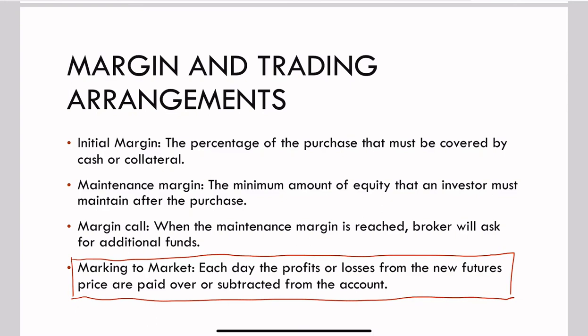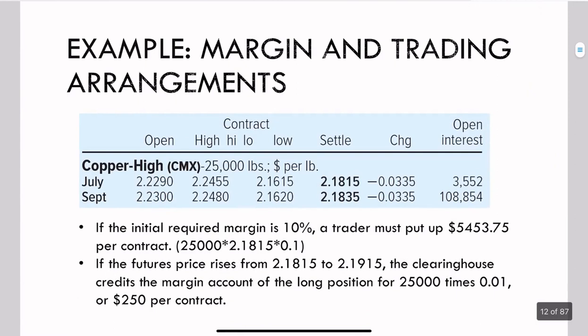I know at this time, this concept of marking to market looks ambiguous, but trust me, once you see the example, you will see that it's actually very easy to understand. Okay, now let's see the example here. Same table we have seen several times.